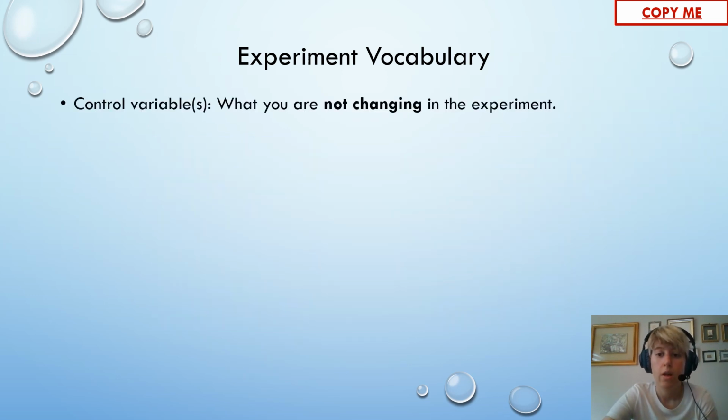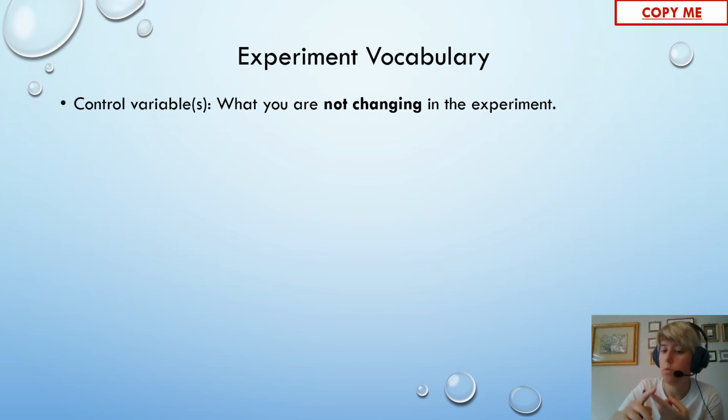So when we're talking about a control, it's things that we are not changing in the experiment, things that we are trying to keep constant. Now, there is only so much you can do to try and keep things constant. So even when we're looking at our control variables, sometimes there are things that can change. If we were doing an experiment outside, there are certain things that you cannot control.